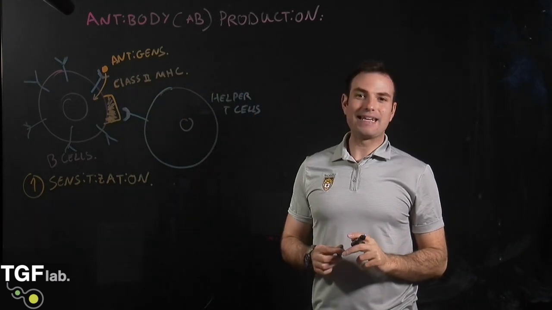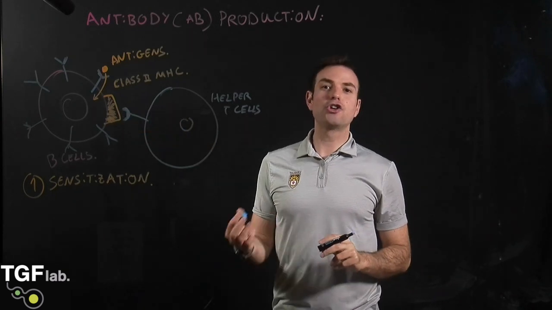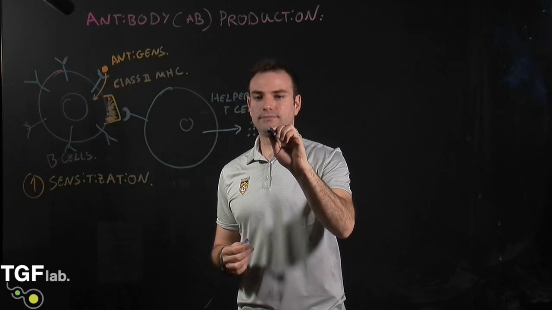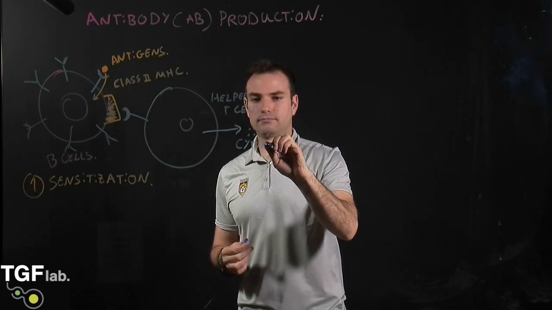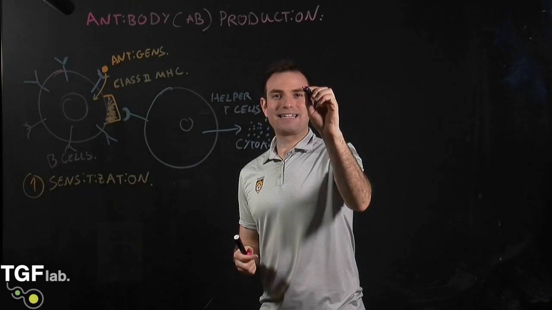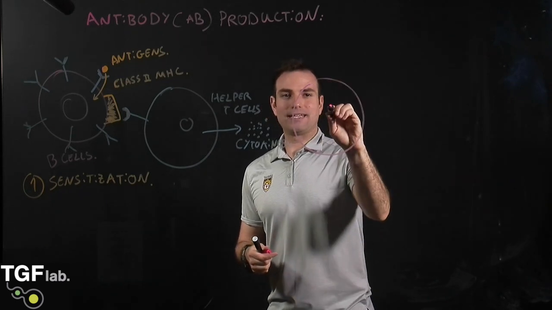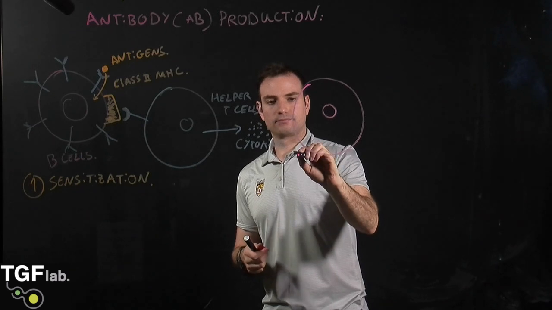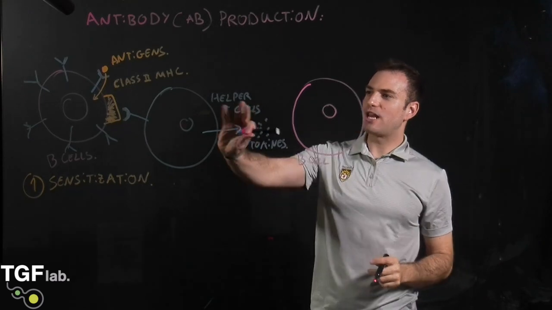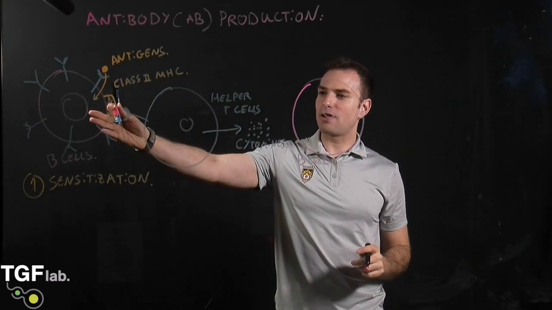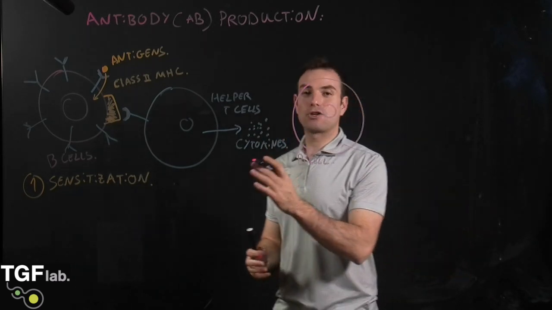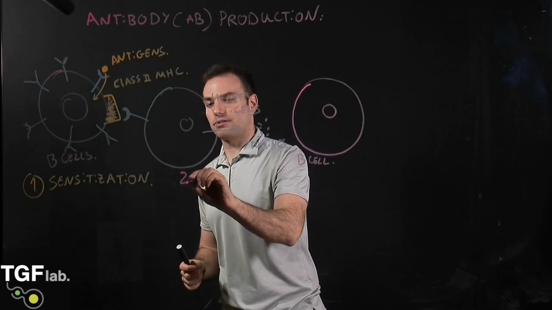And then these helper T cells, through this interaction, are going to start secreting a lot of cytokines. So these cytokines are going to activate the B cells. And this process by which the helper T cell interacts with the B cell and gives the B cell the okay to start producing antibodies is called B cell activation.